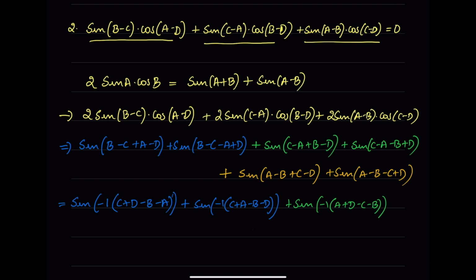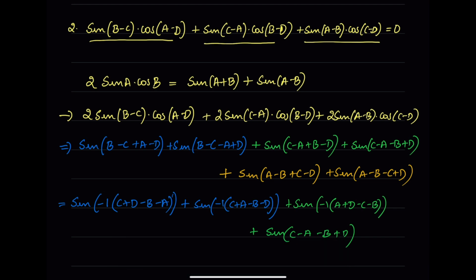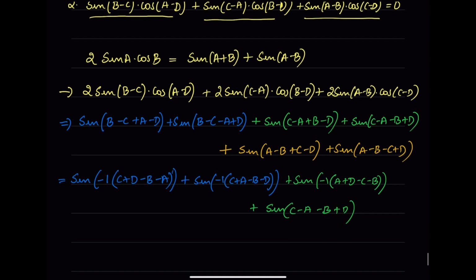This will be plus sine of (C minus A minus B plus D), and the last two terms will be plus sine of (A minus B plus C minus D) plus sine of (A minus B minus C plus D).